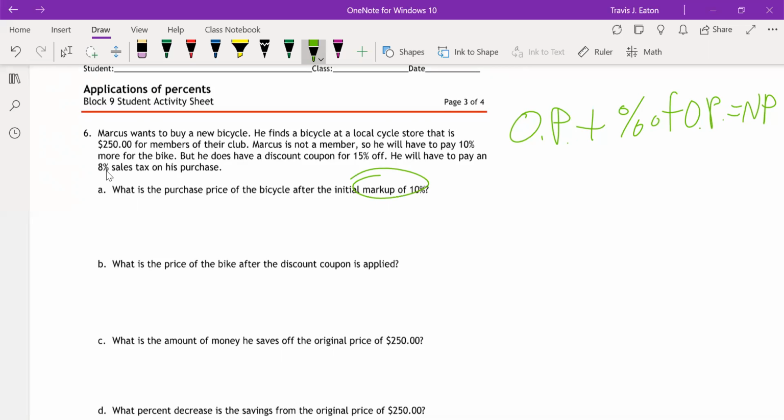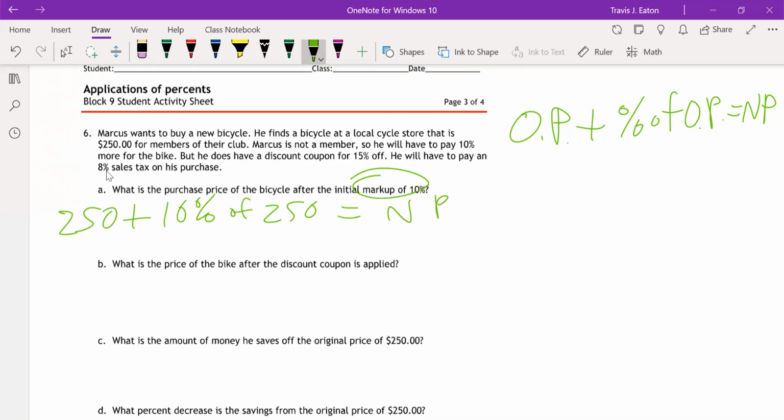And so let's find that out. So we're going to take the old price, or the original price, which is $250, and we're going to add that to 10% of $250, and that's going to give us the new price.